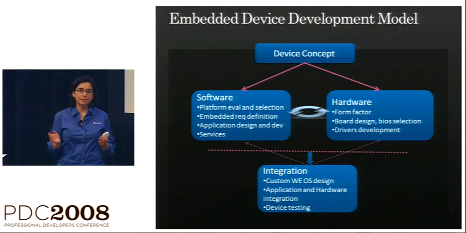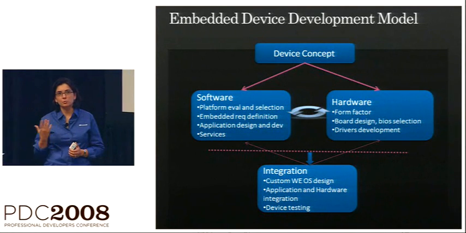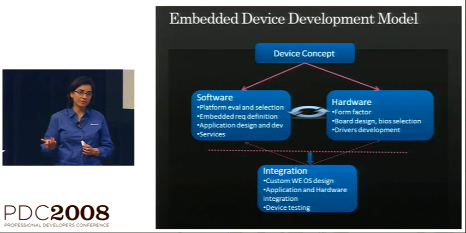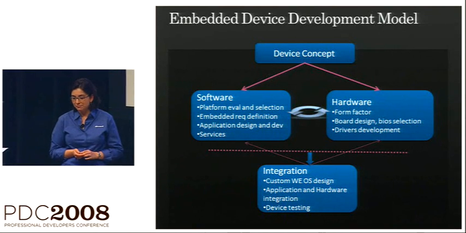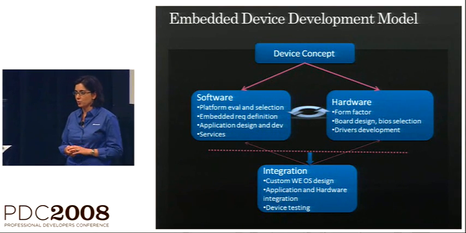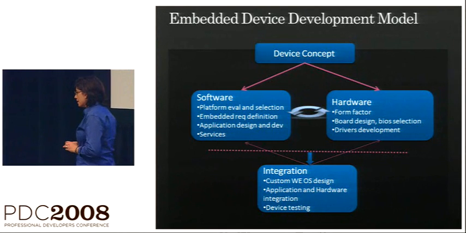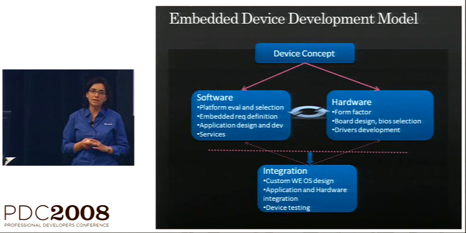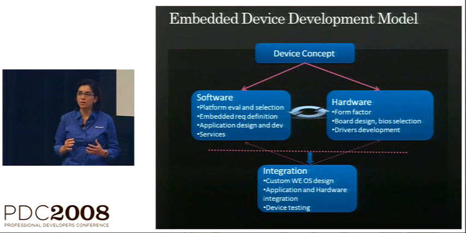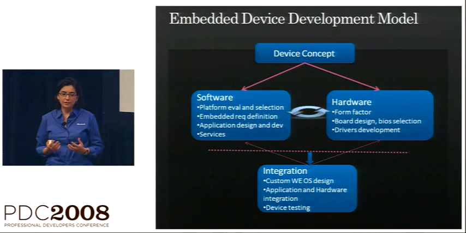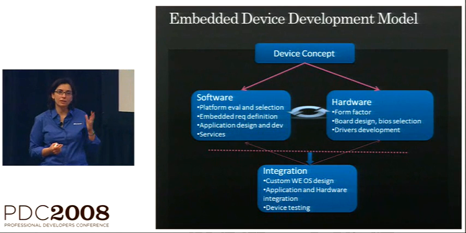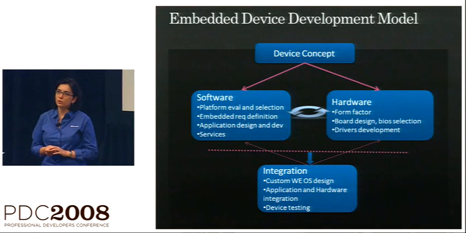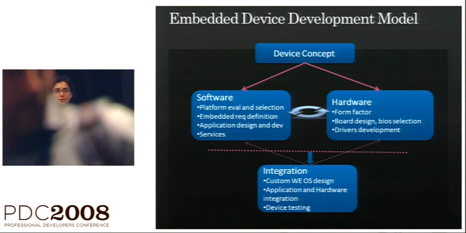I've worked in the embedded space. I used to be an embedded, actually Linux developer, for about 12 years, and then I joined Microsoft. It's really hard because depending on what company and the size of the company you go to, the life cycle is different. So I put together this really simple model just to explain some concepts here.